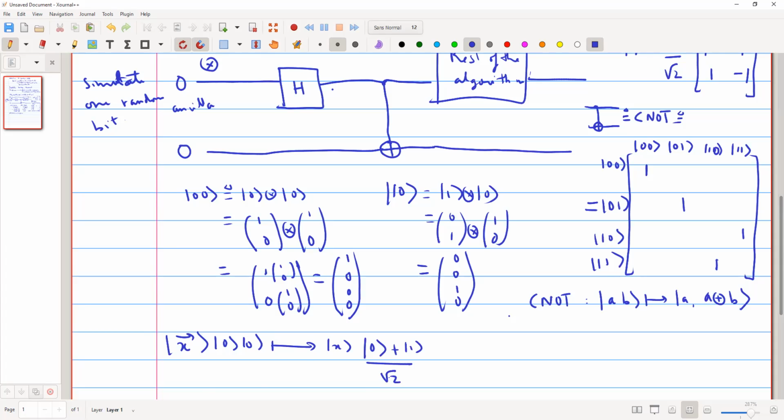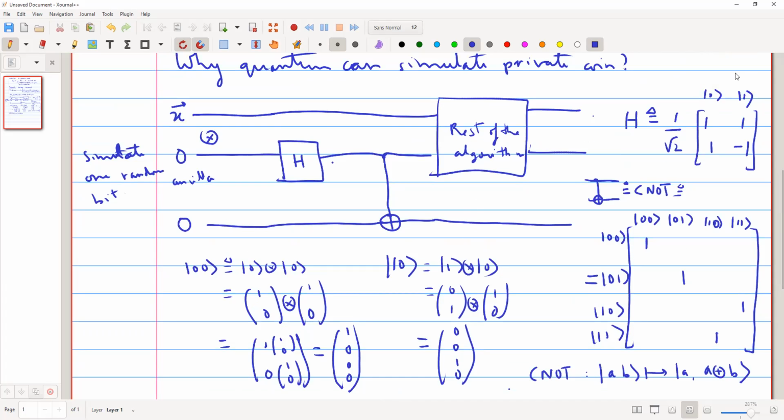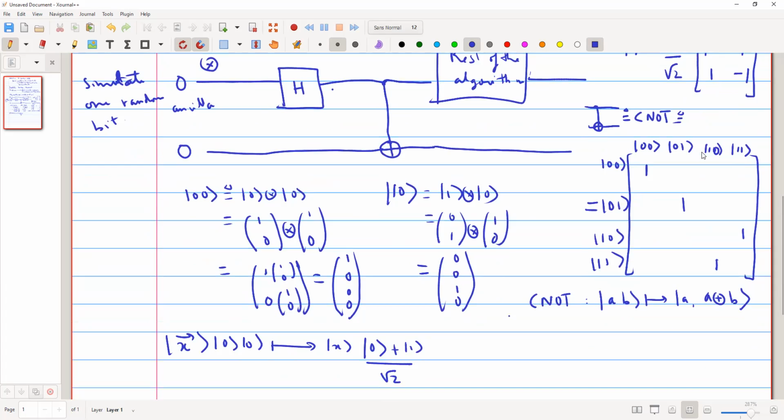Okay, so let me show this. So what does ket 0 go to? This one. So this is nothing but ket 0 plus ket 1 by root 2, and then it's better to write the tensor product symbols now. And now, after the control knot, this will go to X.